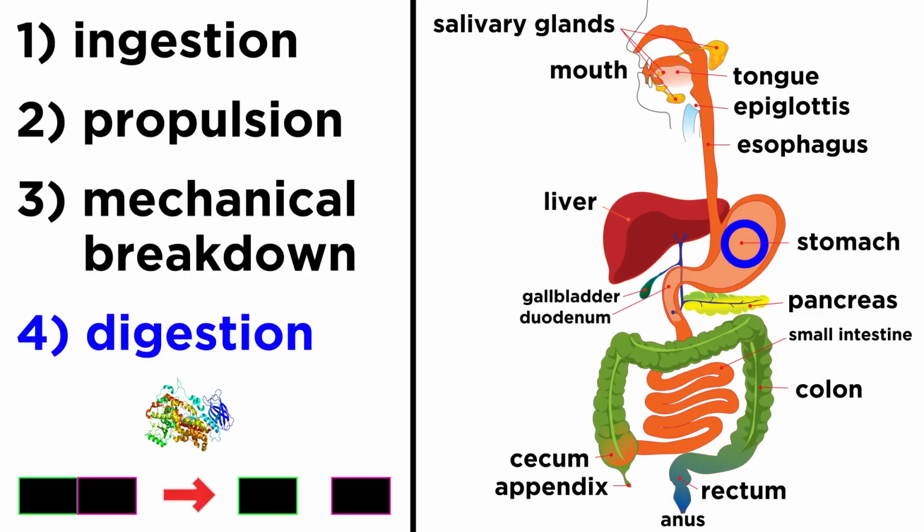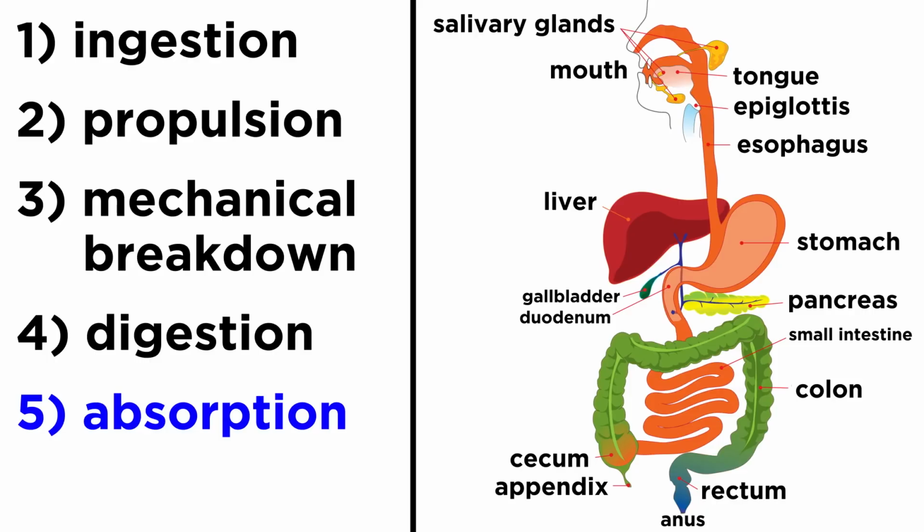This is when enzymes go and perform highly directed chemical reactions to break down all the polymers in the food. They break proteins down into individual amino acids, polysaccharides into individual monosaccharides, and so forth, which is categorically different from the earlier mechanical methods of breakdown.